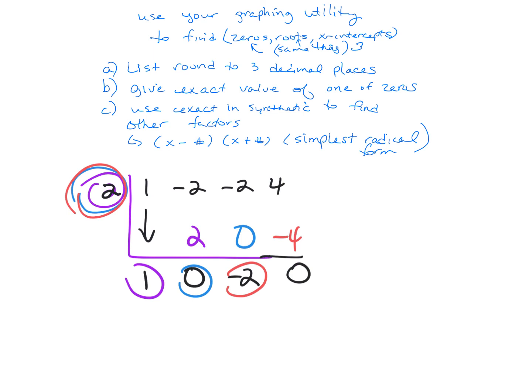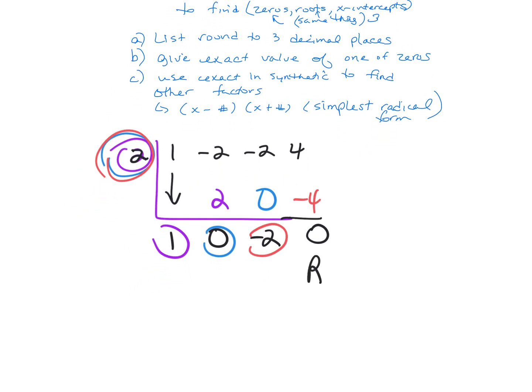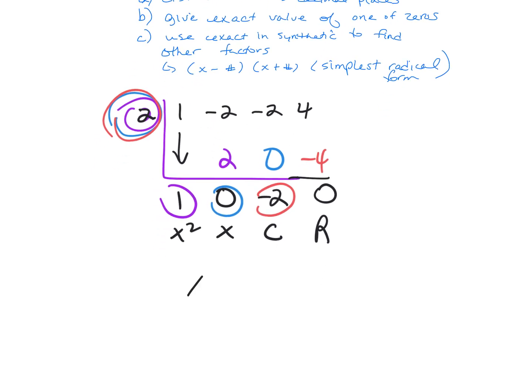Notice I got a remainder of 0. So I already knew 2 is going to be a root or a solution. So now remainder, constant, x squared. So I have x squared minus 2 equals 0.